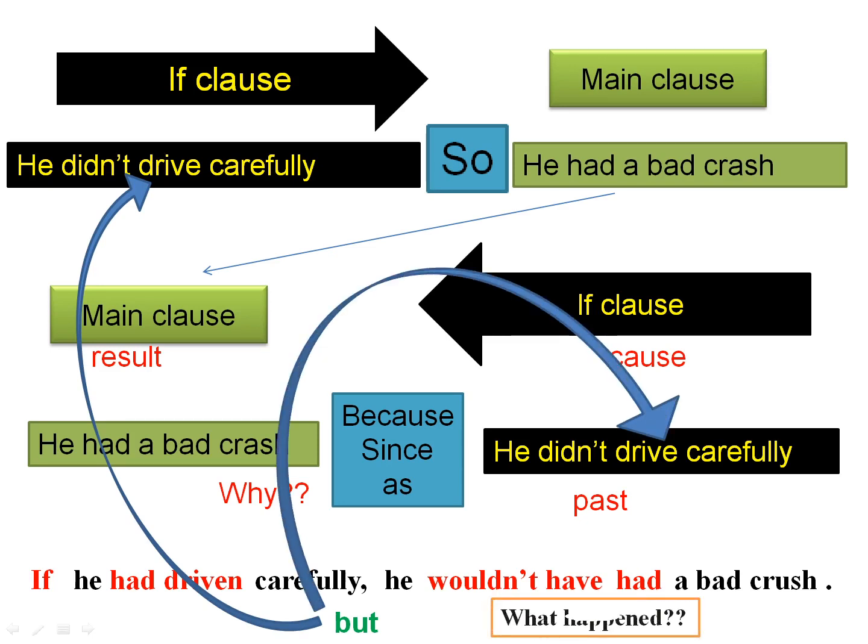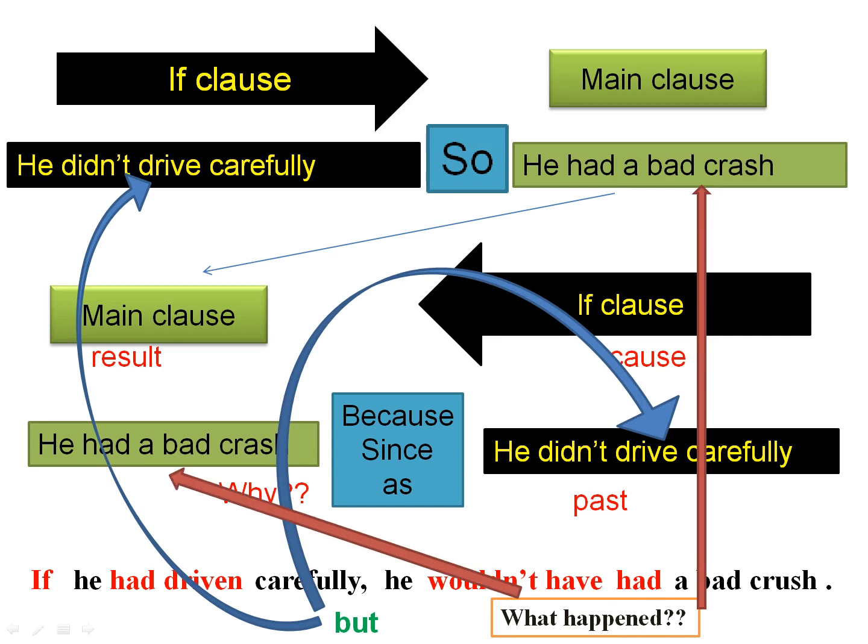He didn't drive carefully. What happened is that he had a bad crash. That's what happened in the past. So if he had driven carefully, he wouldn't have had that bad crash. Okay? We are imagining the situation in a different way.